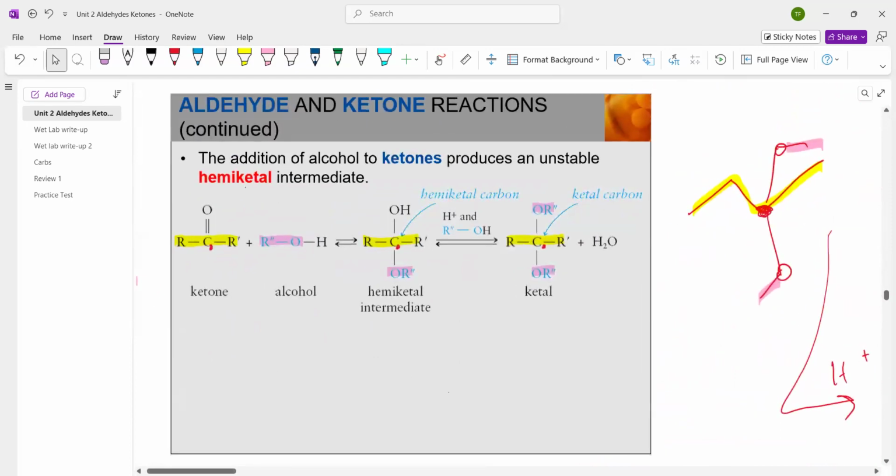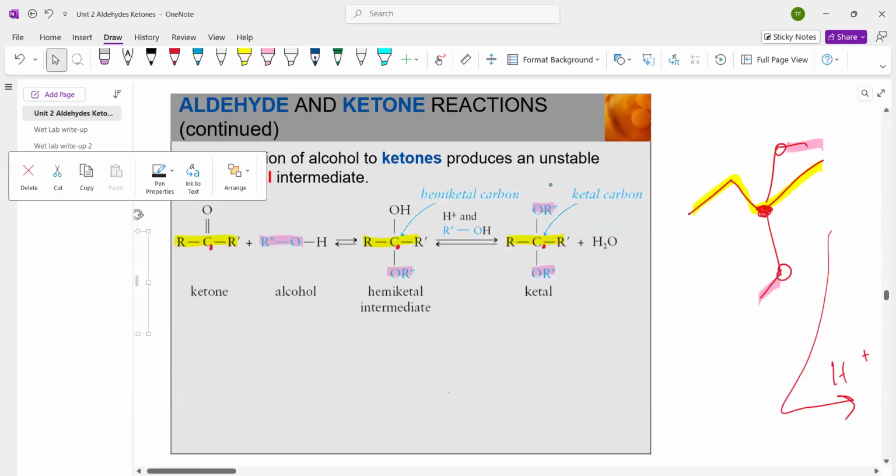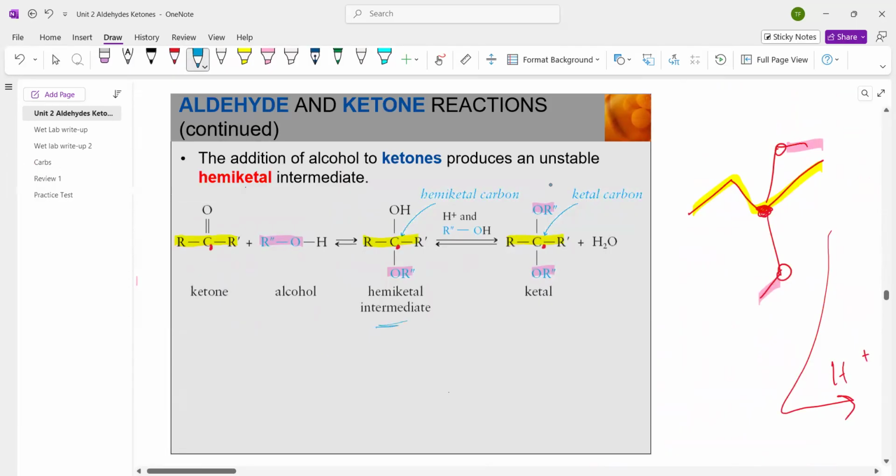Now, the reason why this reaction continues is because the hemiketal is semi-unstable. Although with sugars, the hemiacetal and hemiketal are more stable.